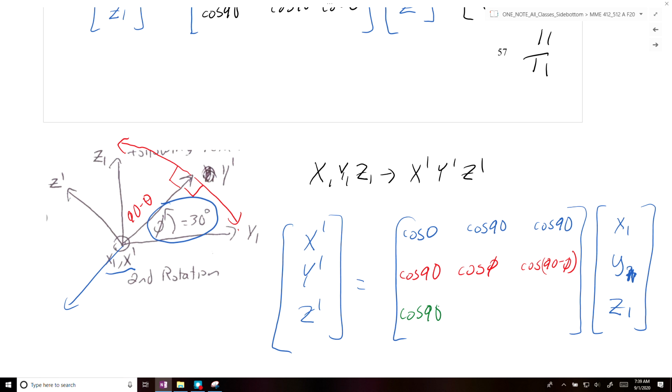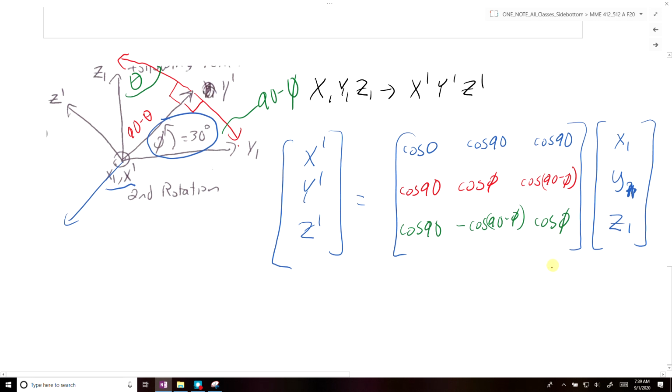The projection of y1 onto z prime would be equal to negative... this angle here is 90 minus phi, so it would be equal to cosine of 90 minus phi. And our last one would be the projection of z1 along z prime, which would be equal to just cosine of phi.